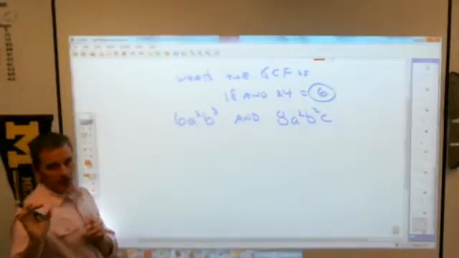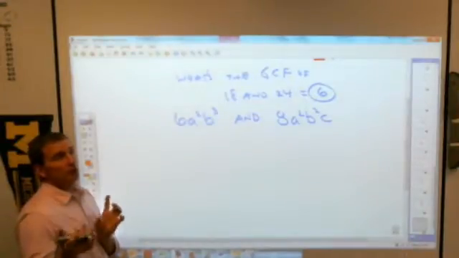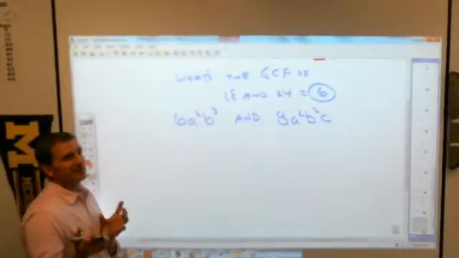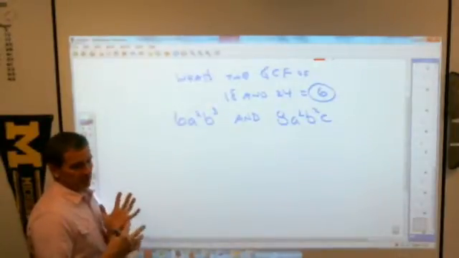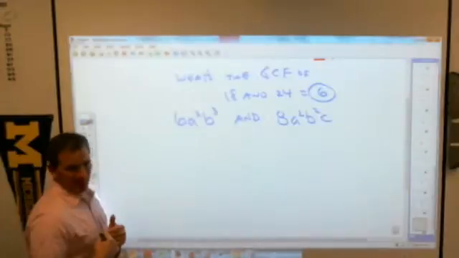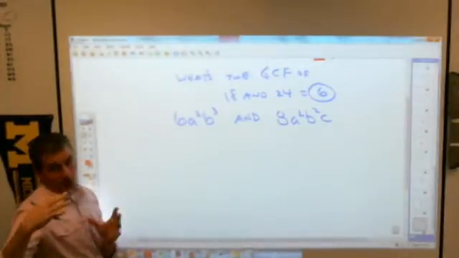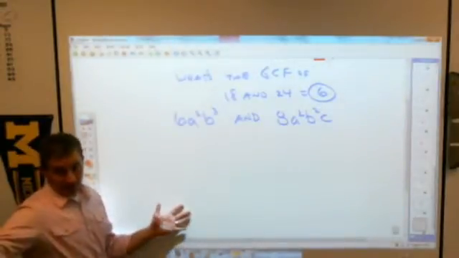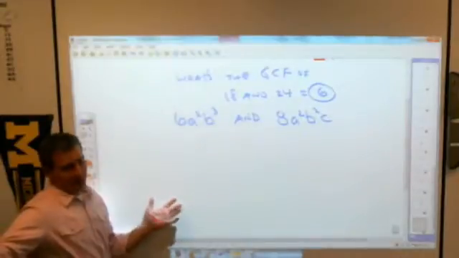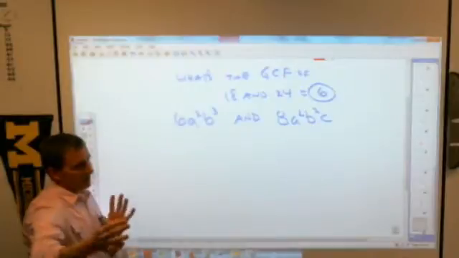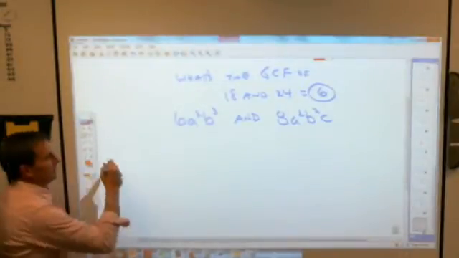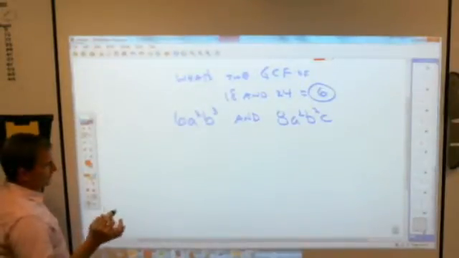I'm going to give you the way that works no matter what you're doing. You shouldn't have to do this once you understand it. Eventually my goal is for you to do what Evelyn just did and go, yeah, it's 2a squared b squared. But here are the steps. I don't expect you'll have to do this for very long.